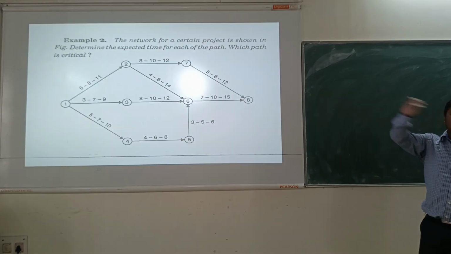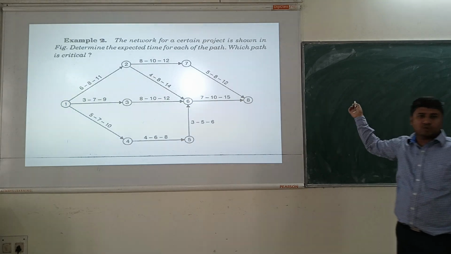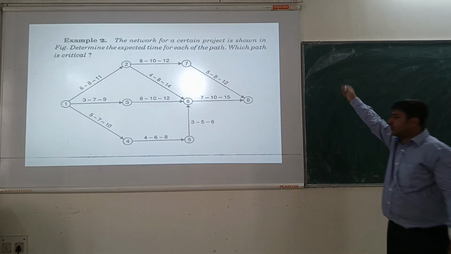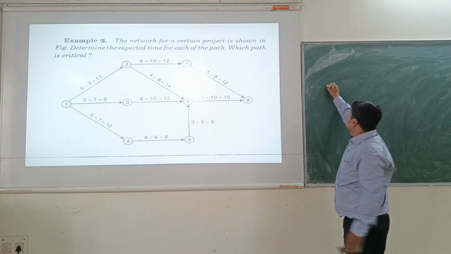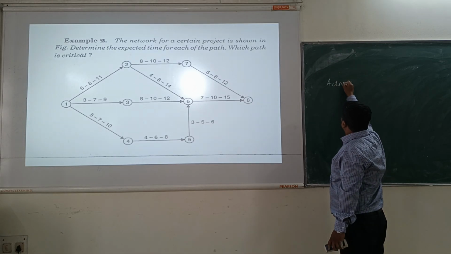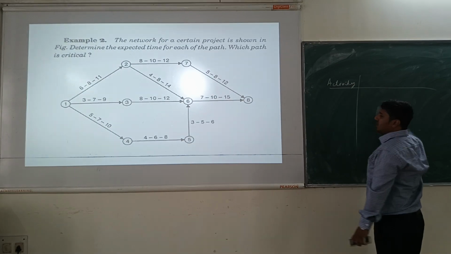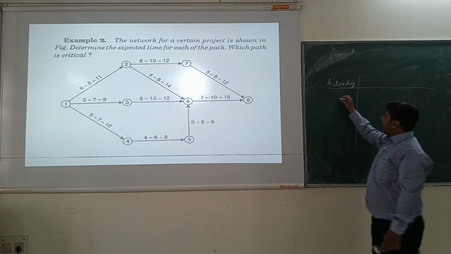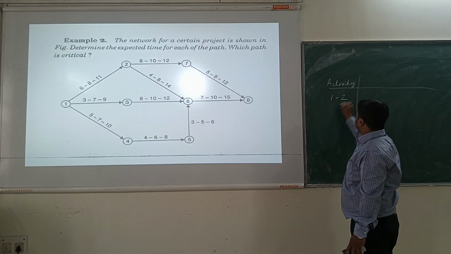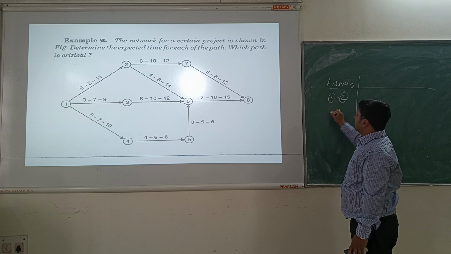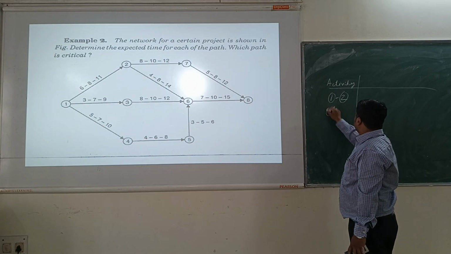So you can either create the number of paths, or first you can create a table consisting of activities. Activity 1 to 2, 1 to 3.